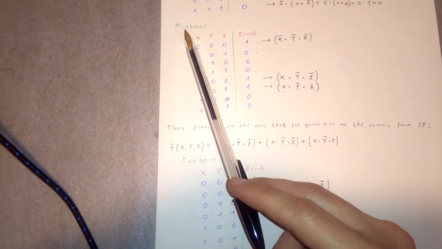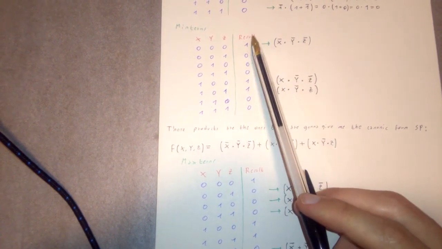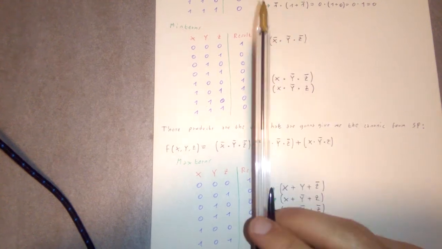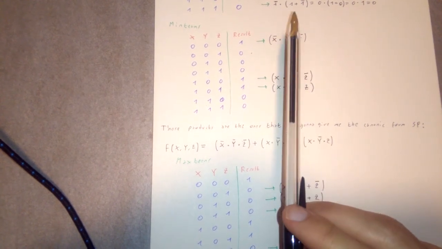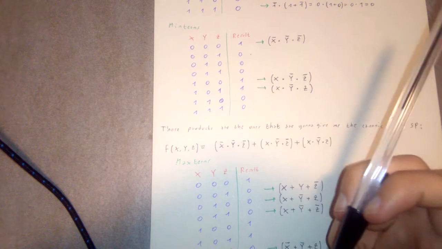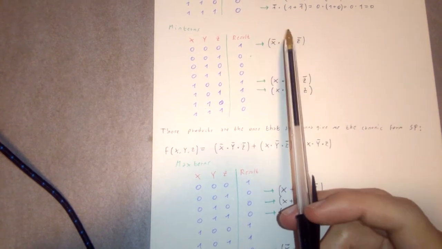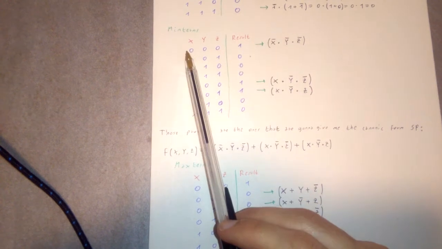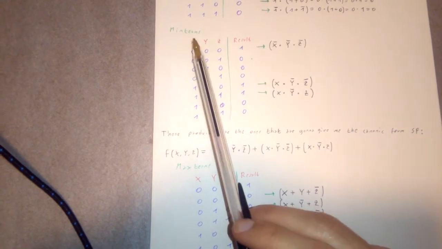If you use the Minterm, then you're going to be focusing on the terms that give you 1 as a result, and you're going to use the sum of product representation by checking whether x, y, and z are 1. If they are, you write x, y, and z.